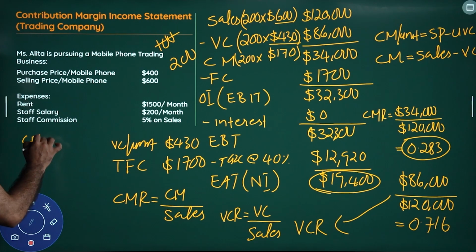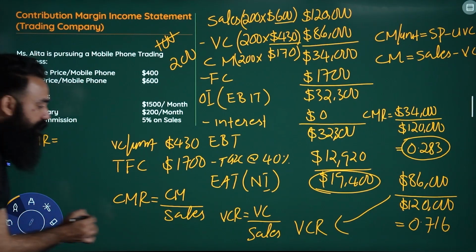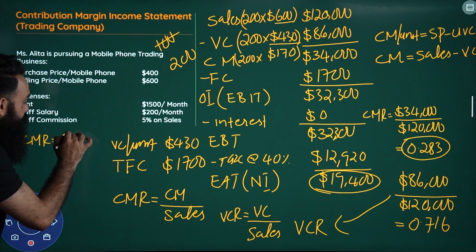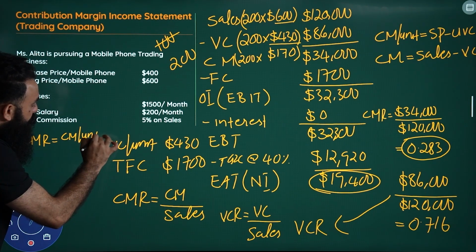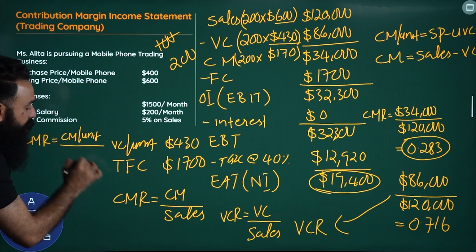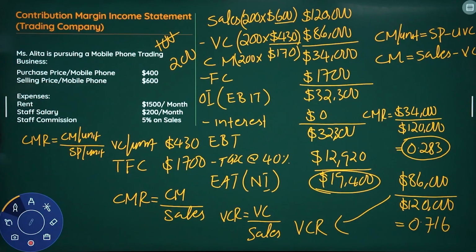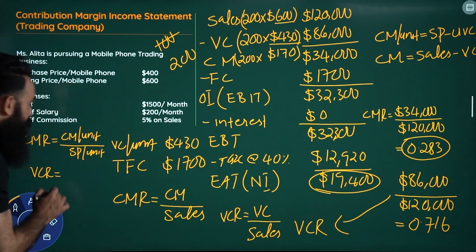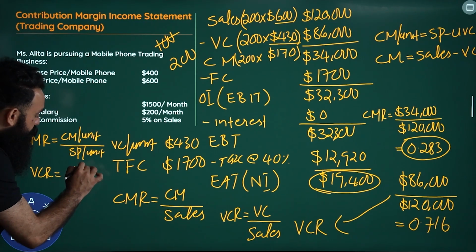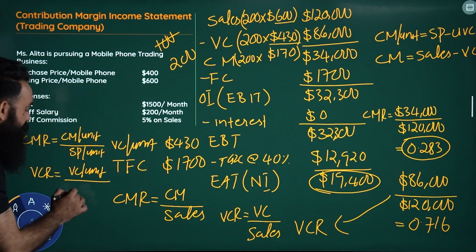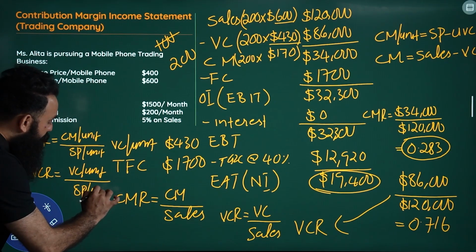Contribution margin ratio is equal to, instead of contribution margin in total, we take contribution margin per unit divided by, instead of sales in total, selling price, also per unit. How to calculate variable cost ratio using the per unit basis? Instead of variable cost in total, we take variable cost per unit, and instead of total sales, we take selling price per unit.